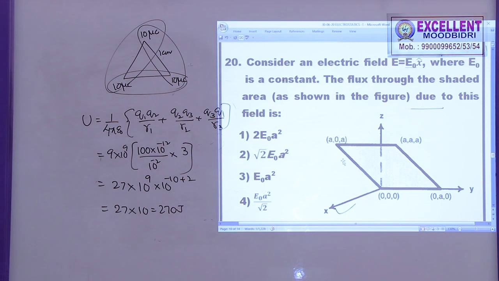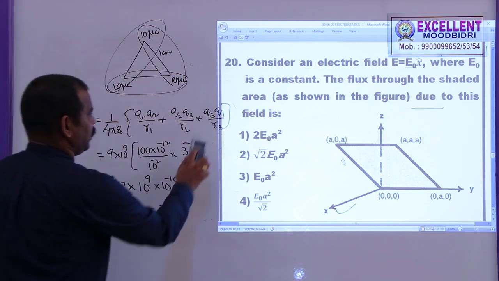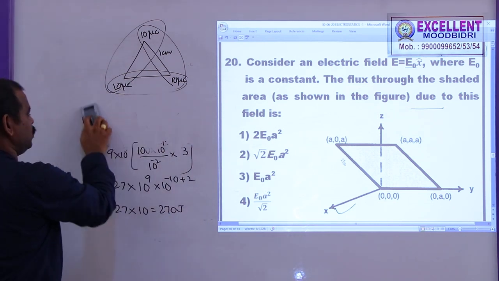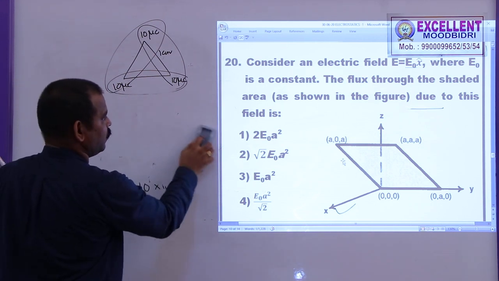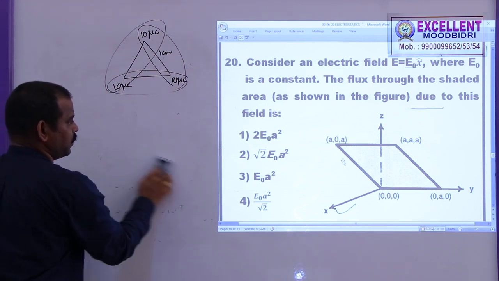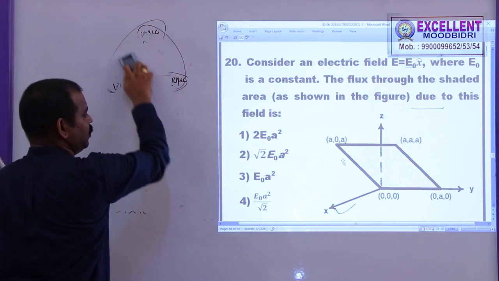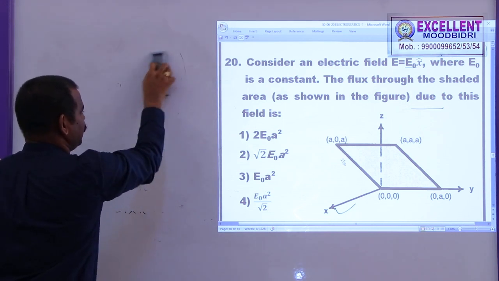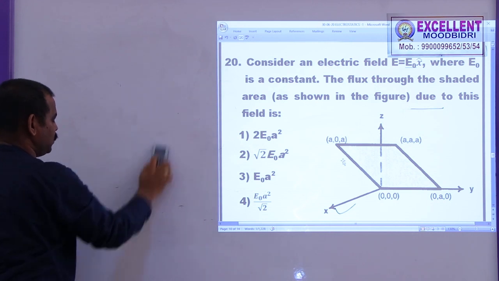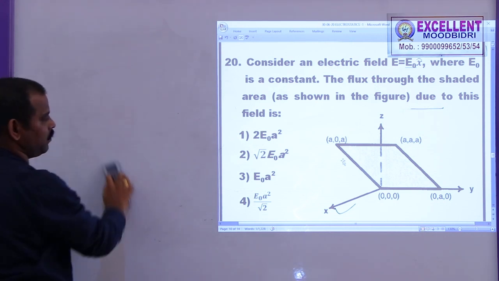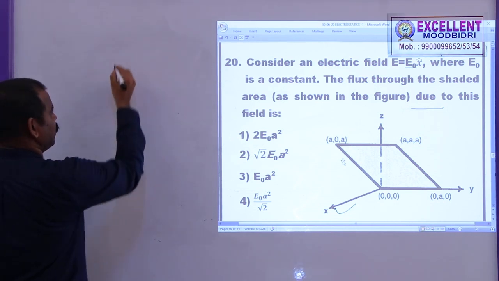Now the next problem: consider an electric field E equal to E naught x cap, where E naught is a constant. Find the flux through the shaded area as shown in the figure due to this field. Here the flux is given by the product of the electric field and the area vector. So now I am going to find the flux here.